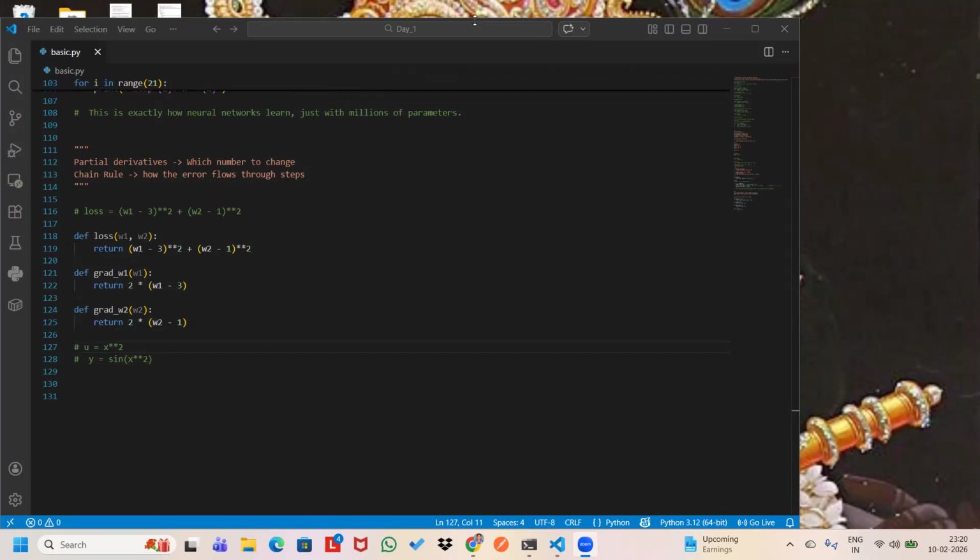So it will hold a function. Let me give another example. It can be a function of g of x.